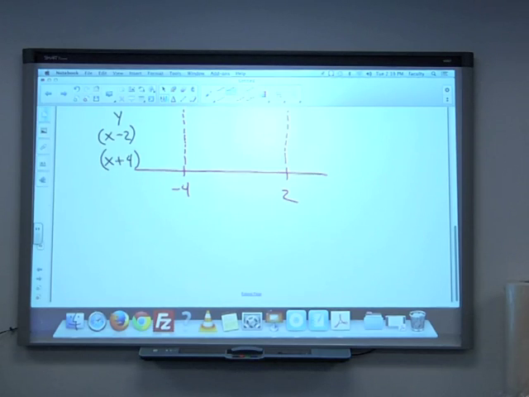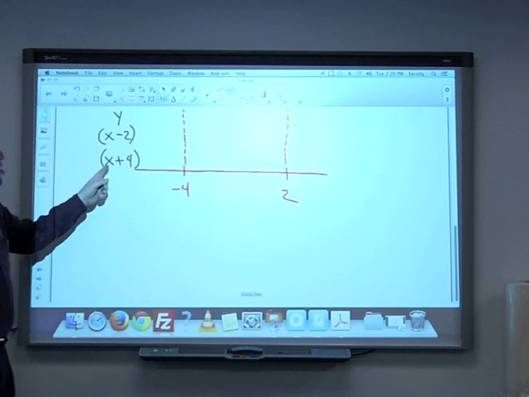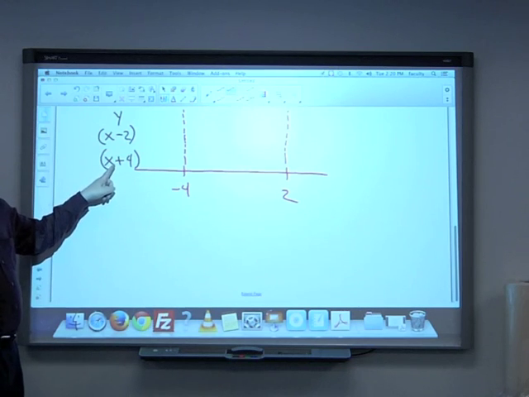All right, so first off, if x is less than -4, right? If it helps, pick a number that is less than -4. So for example, let's take -10. If x is -10, x plus 4 will be positive or negative? It'll be negative, right?